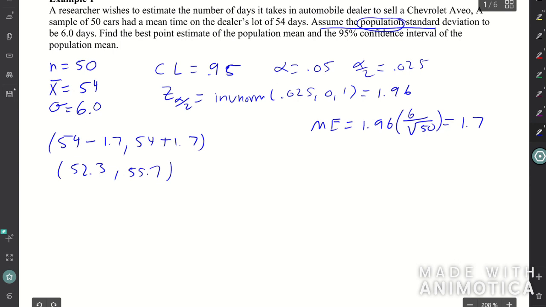Just like before, we're very interested in the information or the sentence and interpreting what this has to tell us.